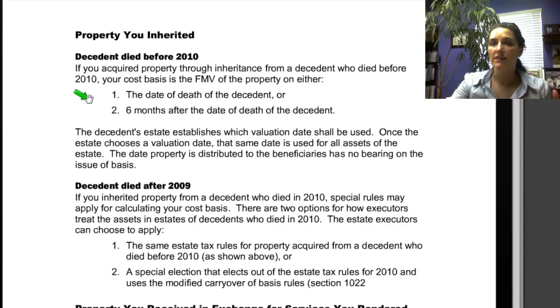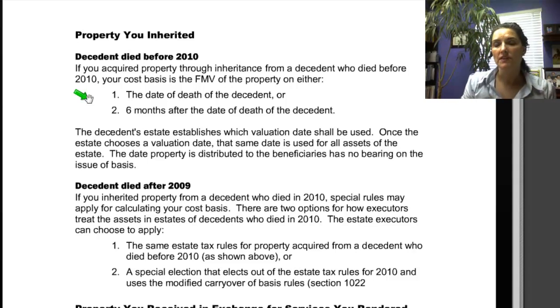And all assets held by the estate on that date are given a value based on the fair market conditions on that day. If you have a decedent who died on December 31st, 2009, and that decedent's home had a particular fair market value on that date, whoever inherits that house is going to have a cost basis in that house equal to the fair market value of that house on the date the decedent died.